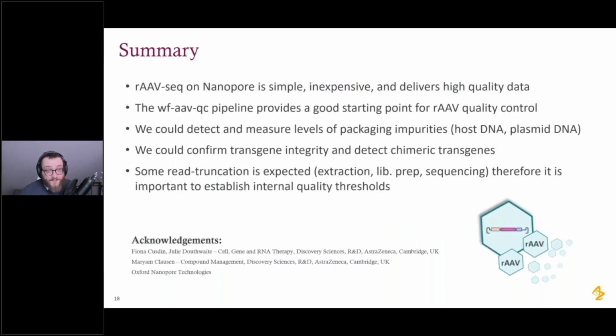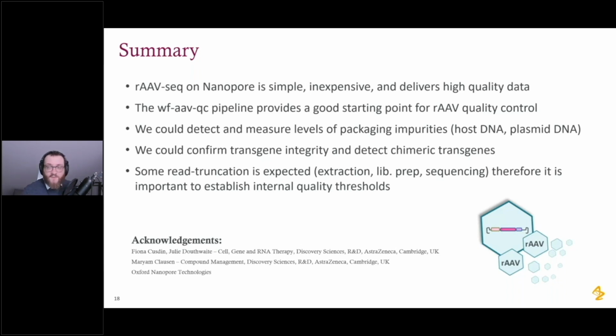In summary, we have found that recombinant AAV sequencing on Nanopore is not only simple and inexpensive, it also delivers high quality and very useful data for us. We definitely use the AAV-QC pipeline from the Oxford Nanopore team. In my opinion, it provides a really good starting point for AAV quality control.